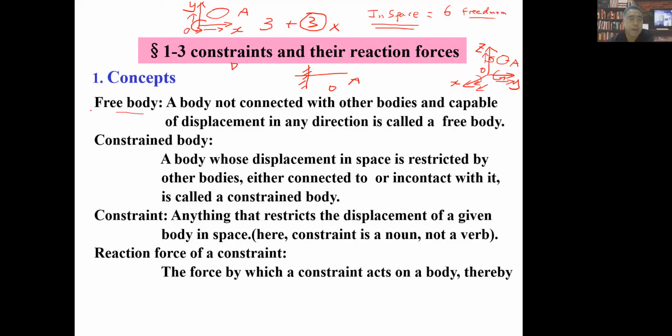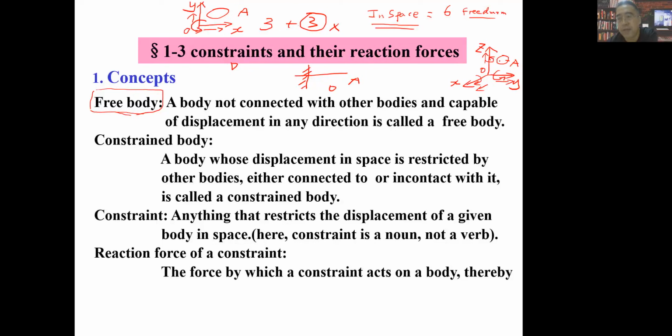So actually, there is no absolutely free body. Can you have an absolutely free body? No, absolutely not. If a body A is in space, it must have gravitational force from the Earth, right?